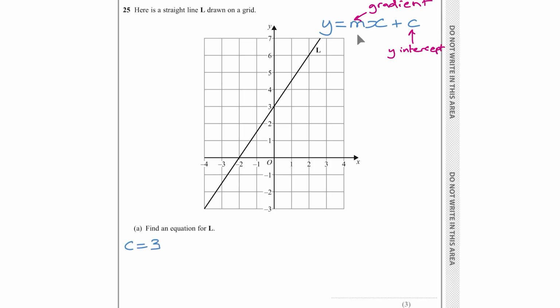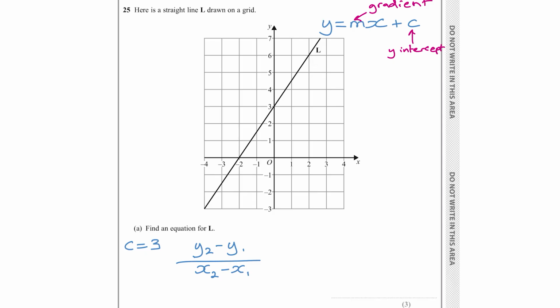Now they're looking for the gradient, and there are 2 ways you can work out the gradient, but the best way is this: y2 minus y1 divided by x2 minus x1. So pick 2 points on your line. We pick that point and that point. You want points that cross your grid at a clear coordinate. You see here, that's not a good point. You want points on the line that you can definitely read the coordinates of.